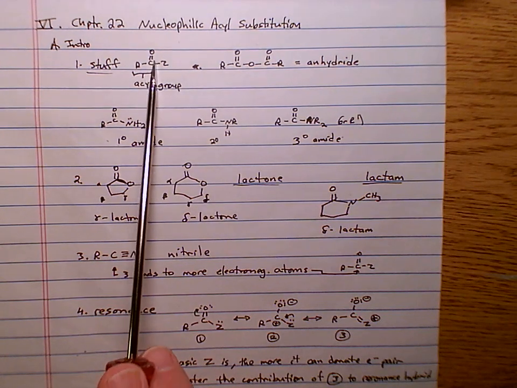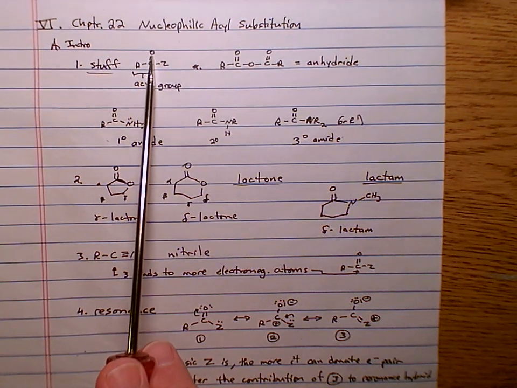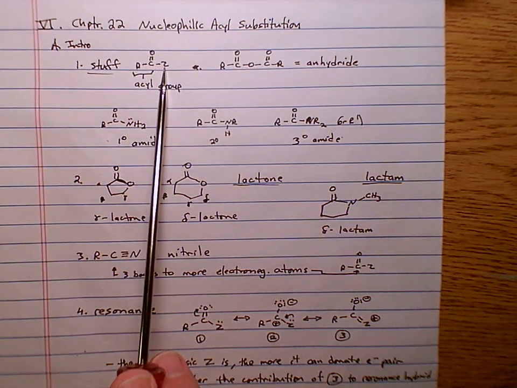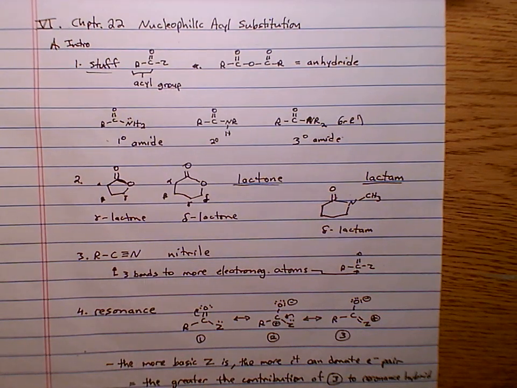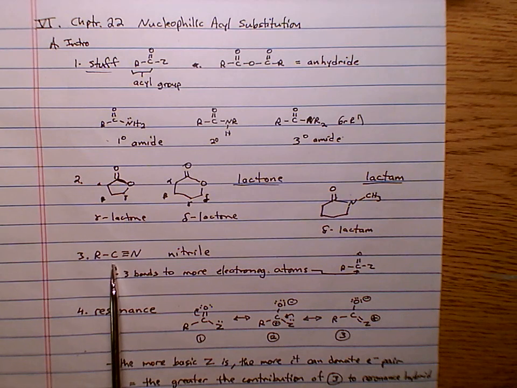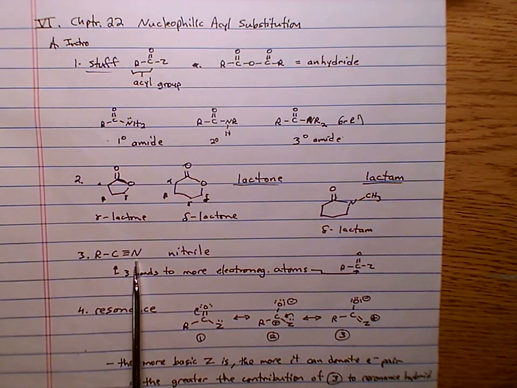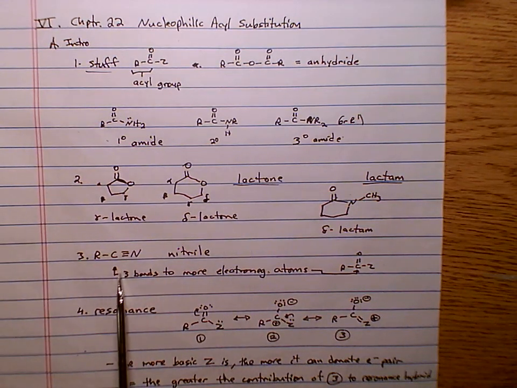All of our RCOZs, carbonyl, 2 bonds to an electronegative oxygen, 1 bond to our electronegative Z, a chlorine, an oxygen, or something like that. Nitriles, here's our carbon. It's 3 bonds to a more electronegative nitrogen. That is the similarity between nitriles and our RCOZs.